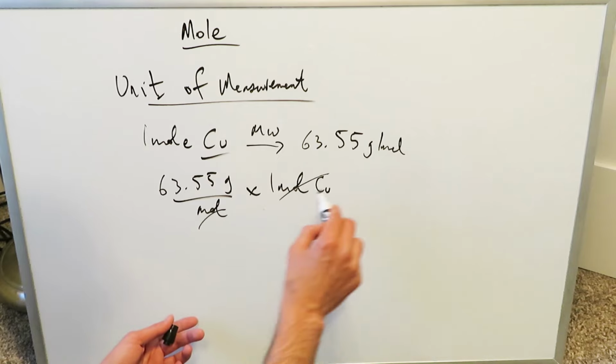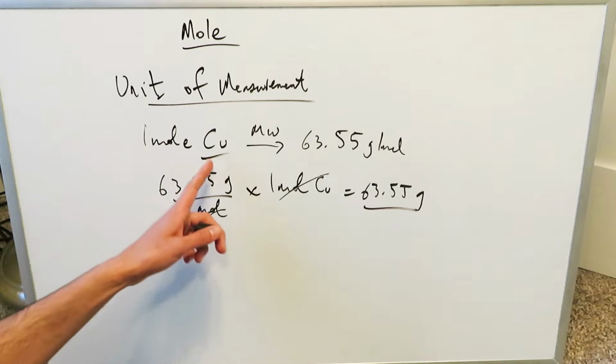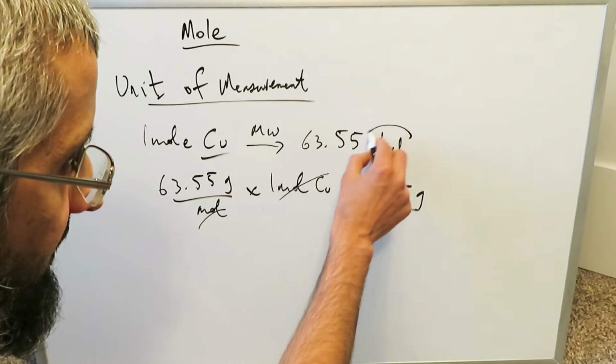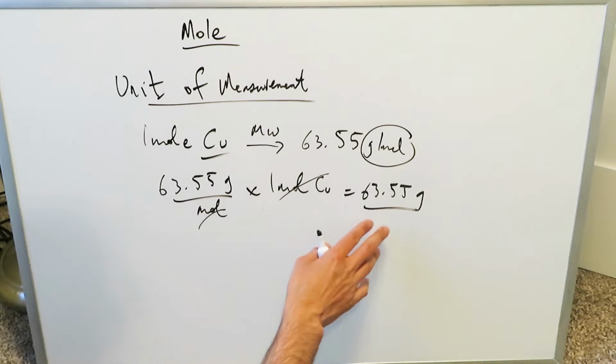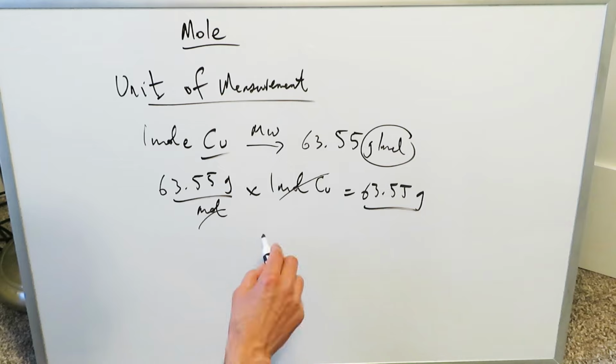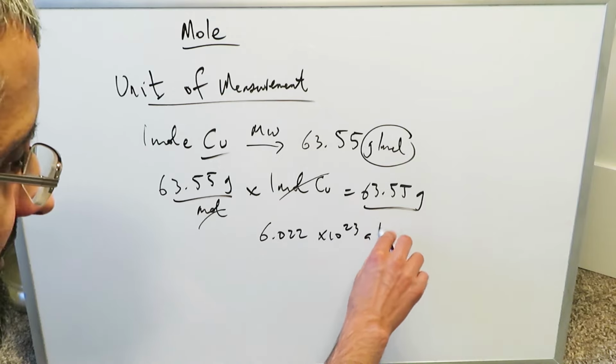You have this cancel out with this, you end up seeing 63.55 grams. 1 mole of copper, which has a molar mass of 63.55 grams per mole, notice the units are grams per mole for molecular weight, will be equal to 63.55 grams of copper, but it will also be equal to 6.022 times 10 to the 23 atoms of copper.